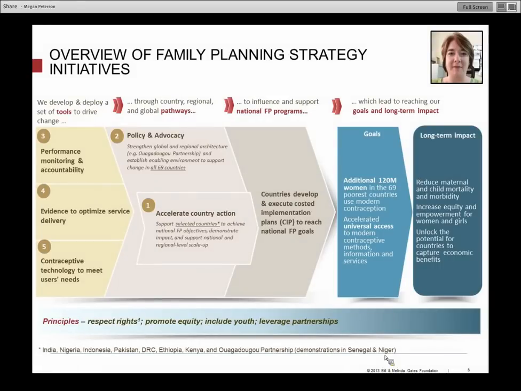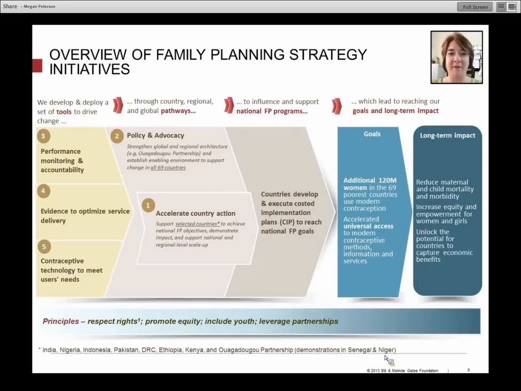What are some areas that can be catalyzed for addressing greater change within the family planning field? Second, contraceptive technology, still a strong area for the foundation, looking at needs that are not being addressed by current methods that could potentially be addressed by newer, improved methods.